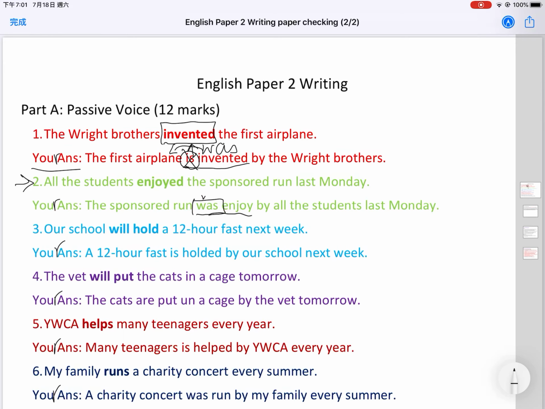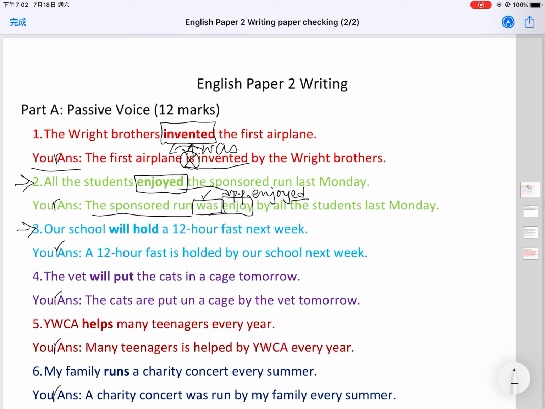Now was, this time the verb to be is correct, because it is a past tense verb in the original sentence in the active voice, and a singular subject, so we use was. But what about enjoy? Should we do something about this? Yes, you're right. We need to change enjoy into the past participle form, which is enjoyed. We just need to add ed to it.